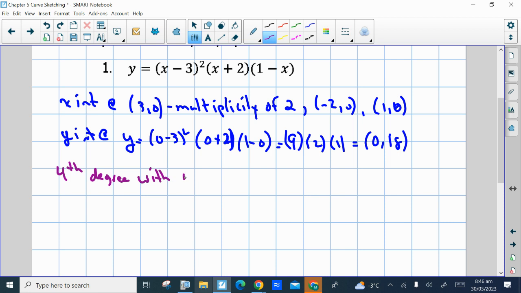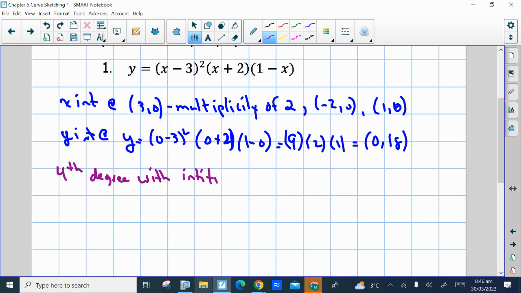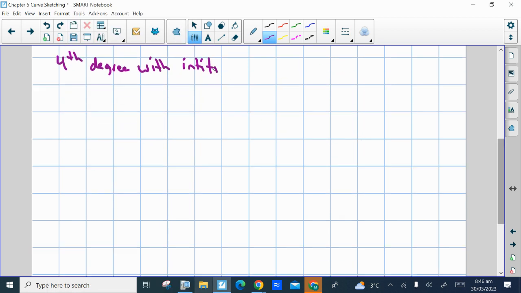With the initial term coefficient less than 0, therefore the graph opens down.